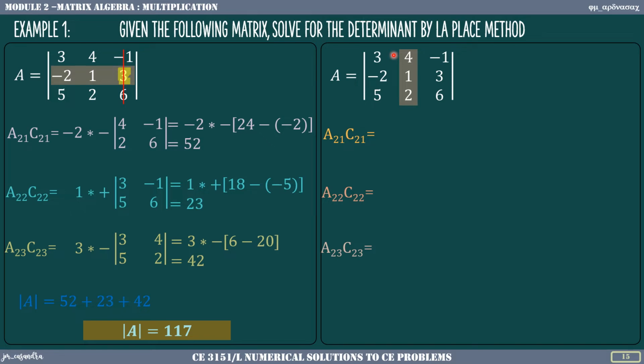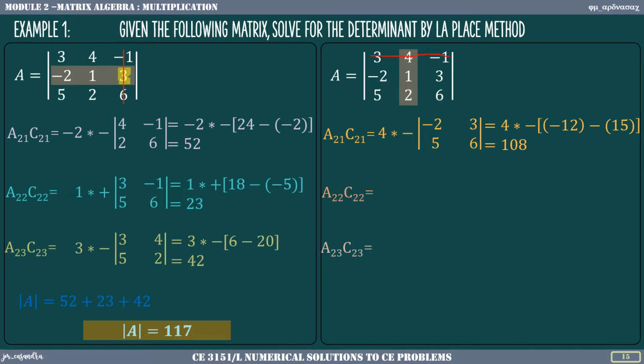For A12, that will be 4, eliminating its row and column, we'll have 4 times a negative cofactor, where the minor matrix is negative 2, 5, 3, 6. That's now equal to 4 times negative, negative 2 times 6, minus 5 times 3, giving us a value of 108.